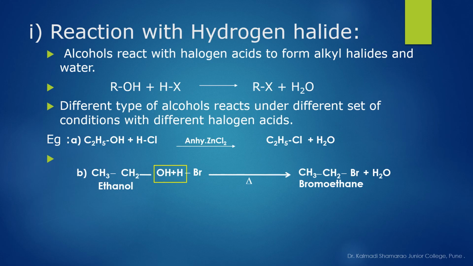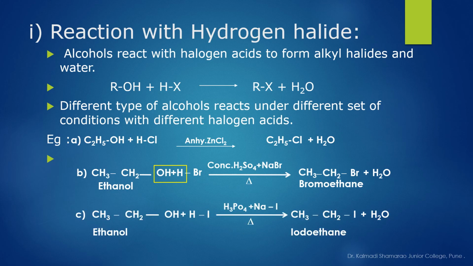The same primary alcohol, when reacted with hydrobromic acid, gives bromoethane and H2O. HBr is generated in situ when it reacts with concentrated sulphuric acid and NaBr.